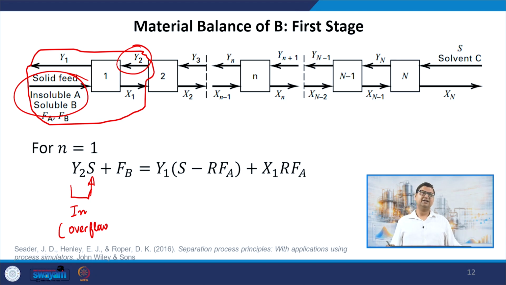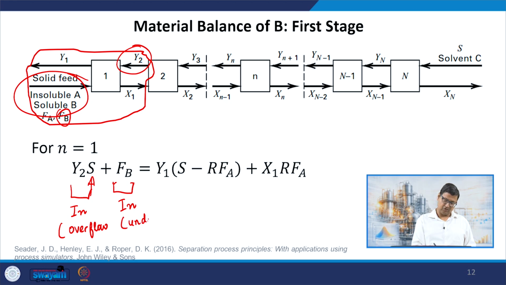In fact, it contains some mass flow rate of soluble B, FB. So this is the mass flow rate of B that is coming in, equal to FB, in the underflow.